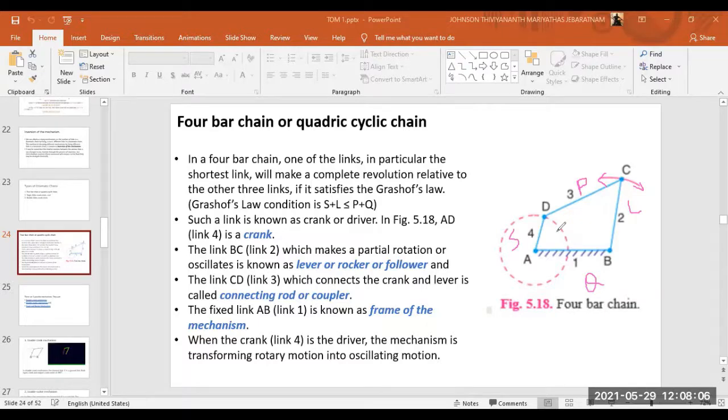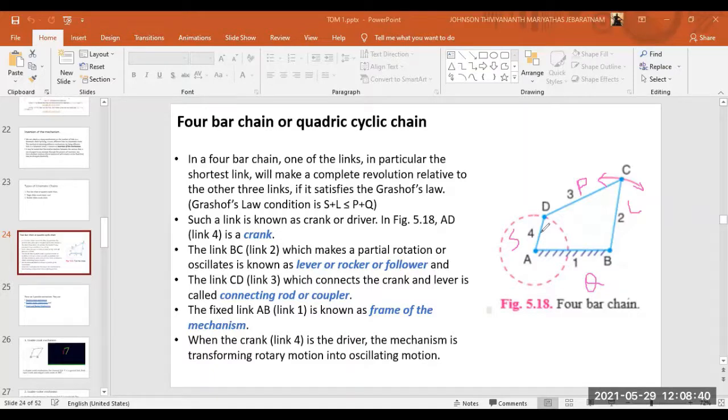When the crank is the driver, the mechanism is transforming rotary motion into oscillating motion. Here, driver means the person who is driving a bus or a vehicle. Those who are sitting inside are called passengers. Similarly here, whatever drives the mechanism is the driver.